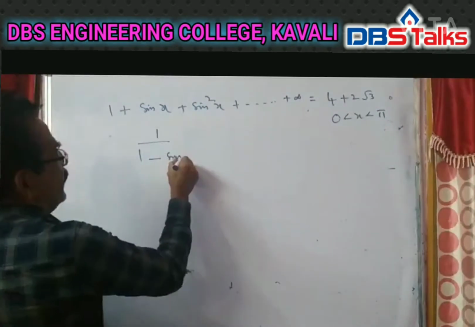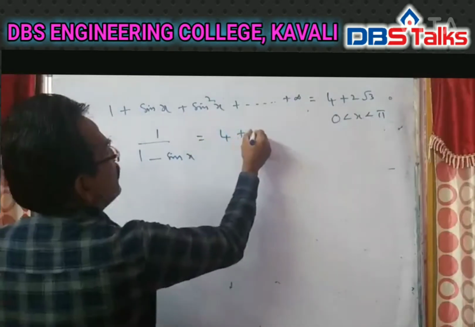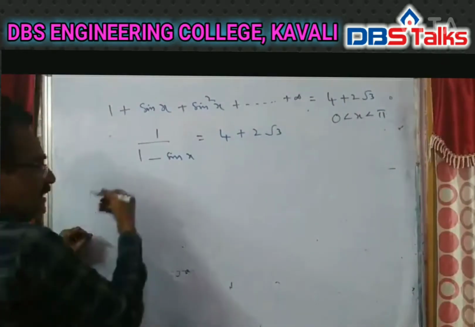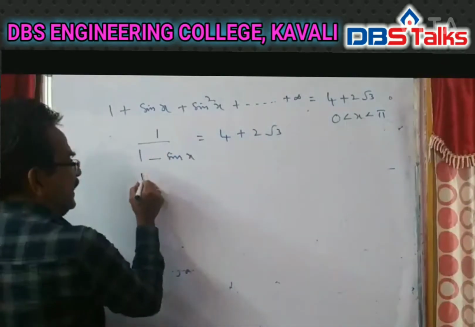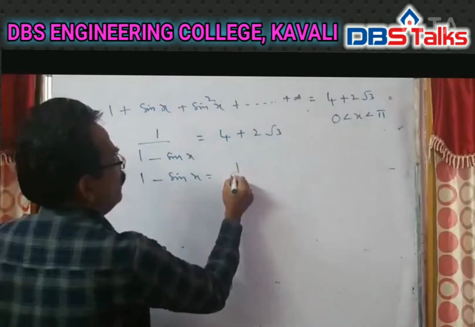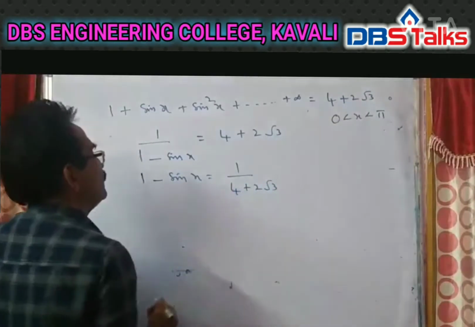So 1 by 1 minus sin x is equal to 4 plus 2 root 3. So 1 minus sin x is equal to 1 by 4 plus 2 root 3.